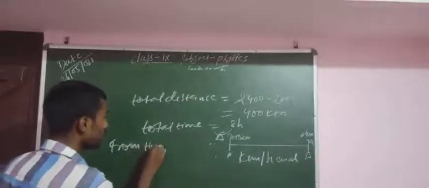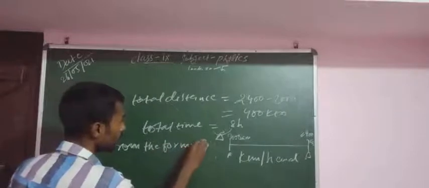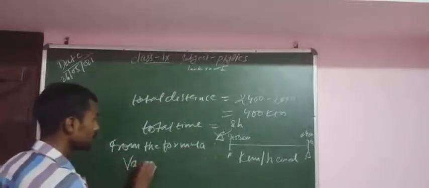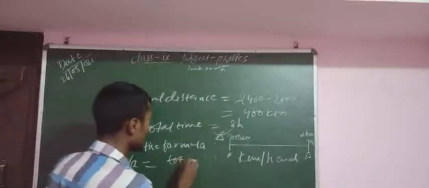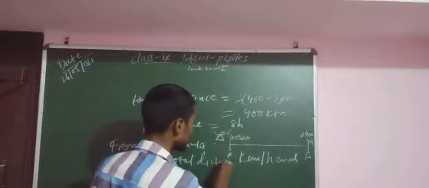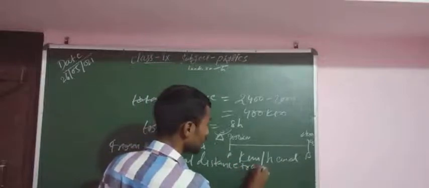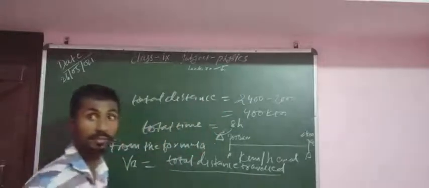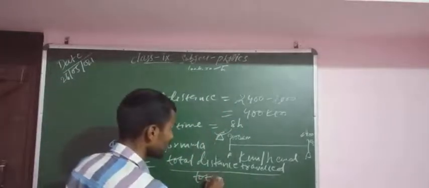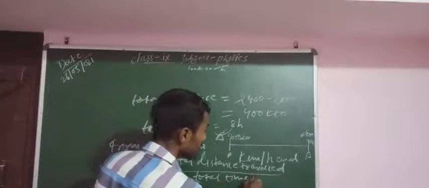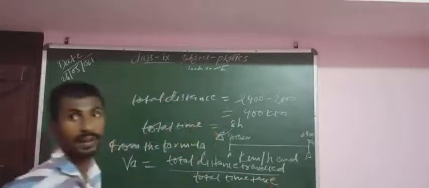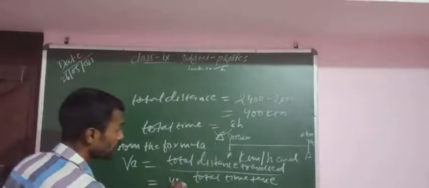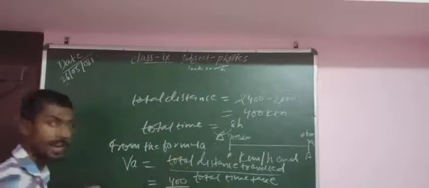From the formula, average speed V_A will be equal to total distance traveled by total time taken. That means the total distance is 400 kilometer and total time is 8 hours.